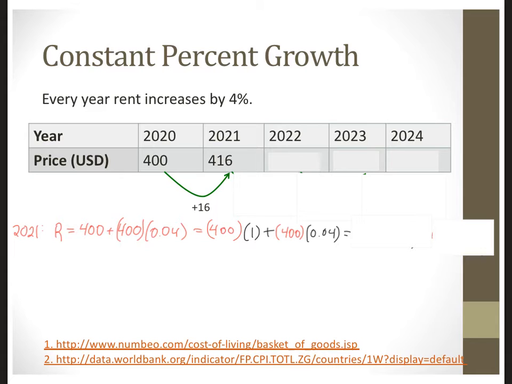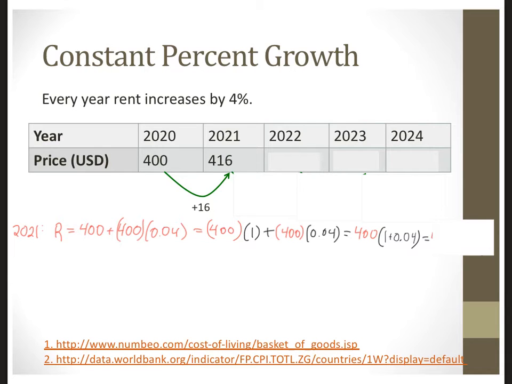And now what I can do is factor out a 400 from both of these two terms in my sum. Algebraically, I can pull the 400 out, and what's left over is the 1 plus the 0.04.